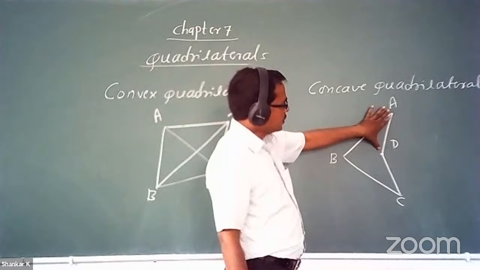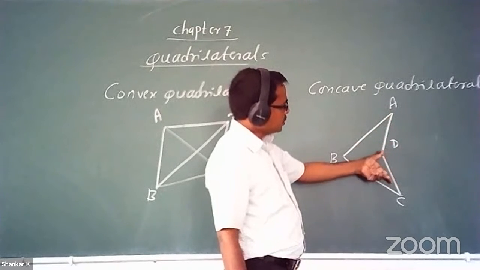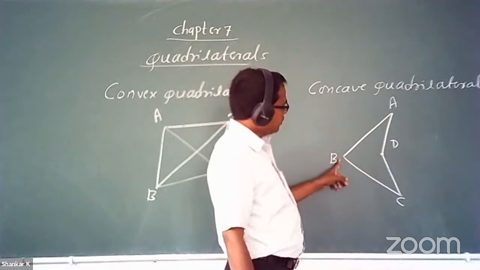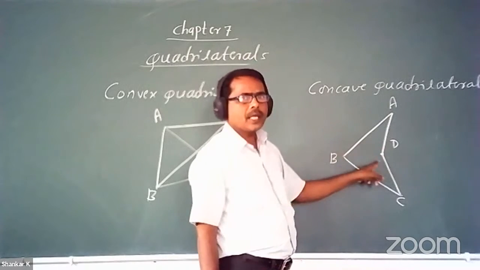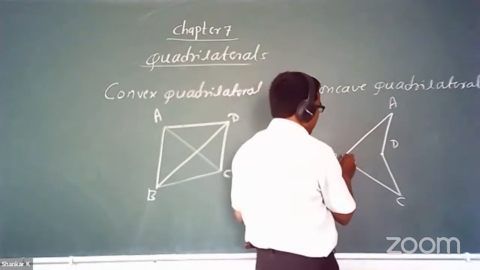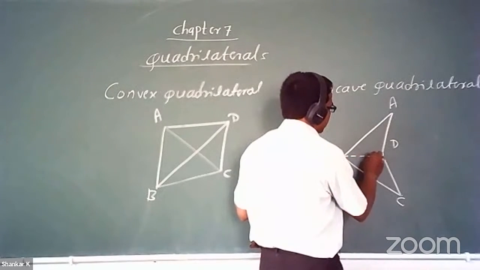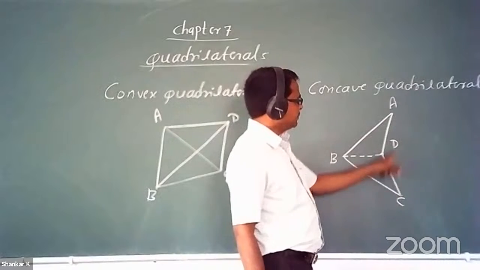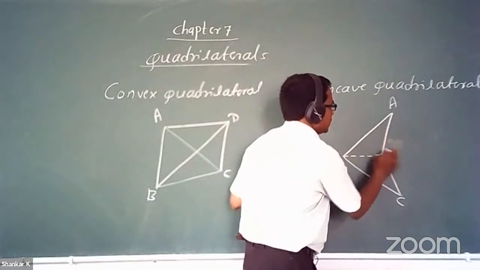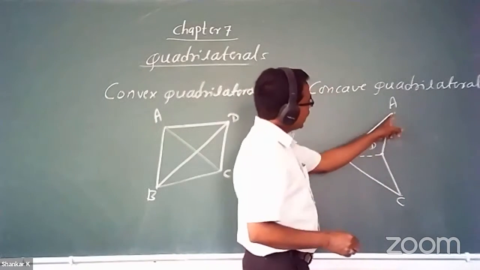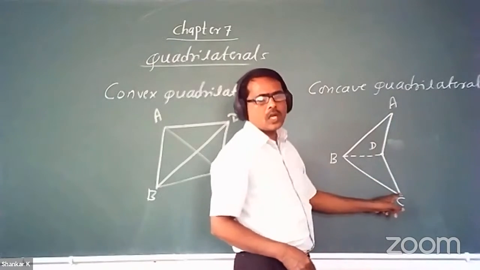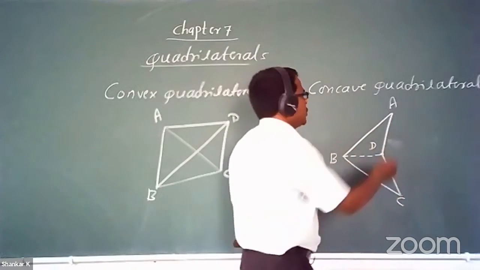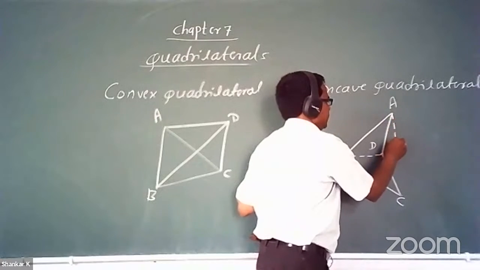A and B are consecutive. C and D are consecutive. Whereas B and D are non-consecutive. Join. This is one diagonal. Another one, A and C. A and C are non-consecutive vertices. Join. That is another diagonal.